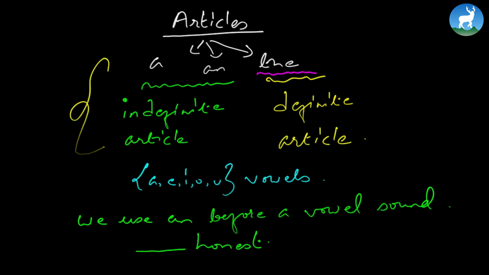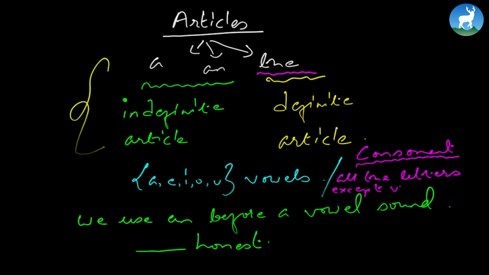On one hand we have vowels, on the other hand consonants. So what is a consonant? All the letters of English except vowels. This starts with a consonant: H, for instance, is a consonant. But we don't pronounce it as h-onest. In case you happen to say it that way, that's incorrect pronunciation. So pronunciation matters. We say it as onest, starting with an o sound, so it's an honest. That's where this o comes in, or sometimes it could be as well.